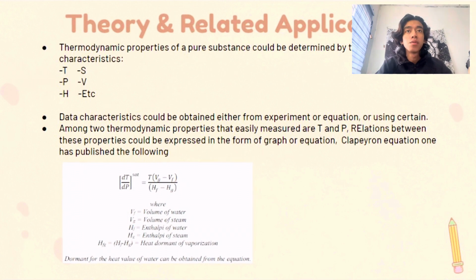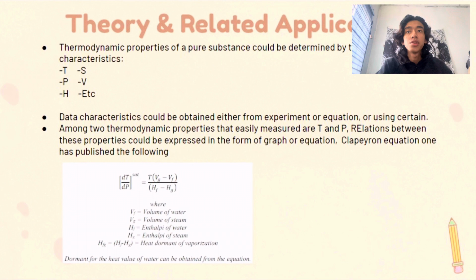Thermodynamic properties of a pure substance can be determined by two of the following characteristics: temperature, pressure, enthalpy, volume, and other characteristics. Data characteristics can be obtained either from experiment, equation, or using certain tables. Among the thermodynamic properties, the ones most easily measured are T and P, where T is temperature and P is pressure.